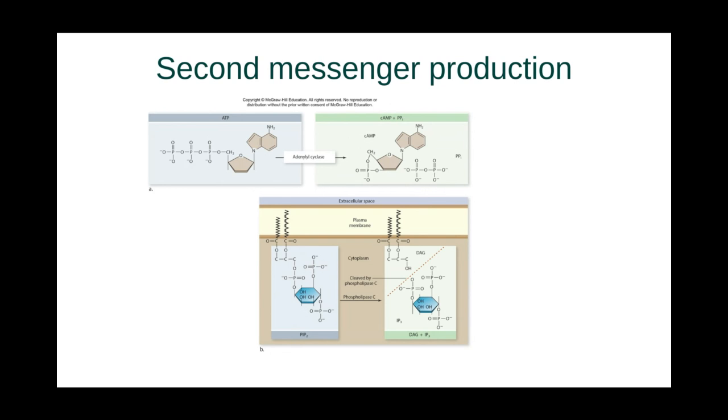Now, for DAG and the activity of phospholipase C, we start with PIP2, and this is what PIP2 looks like. PIP2 is kind of an interesting compound. You'll see it's got the six-membered hexagonal sugar ring here, 3 phosphate groups, and then this carbon-oxygen group bound to the plasma membrane.